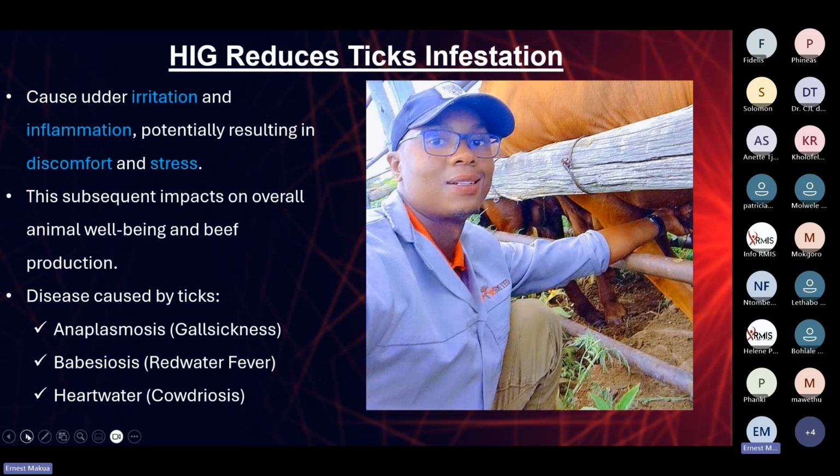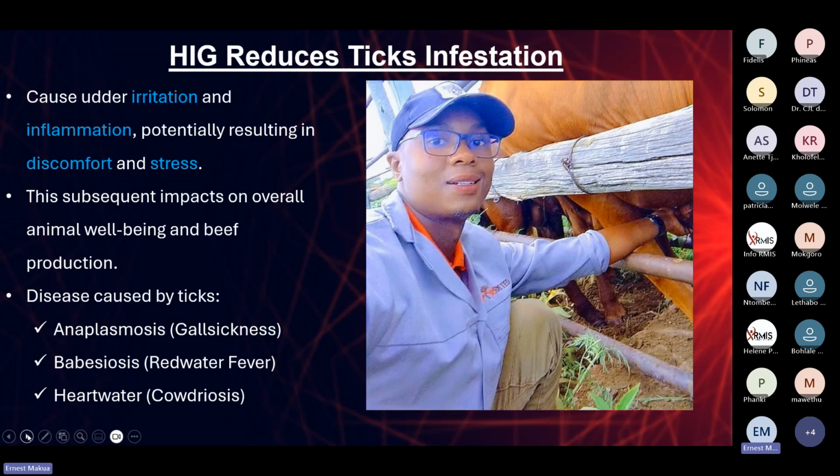Let's discuss the impact of ticks. Ticks cause irritation and inflammation, potentially resulting in discomfort and stress in cattle. This subsequently impacts the overall animal well-being and will also affect your beef production.